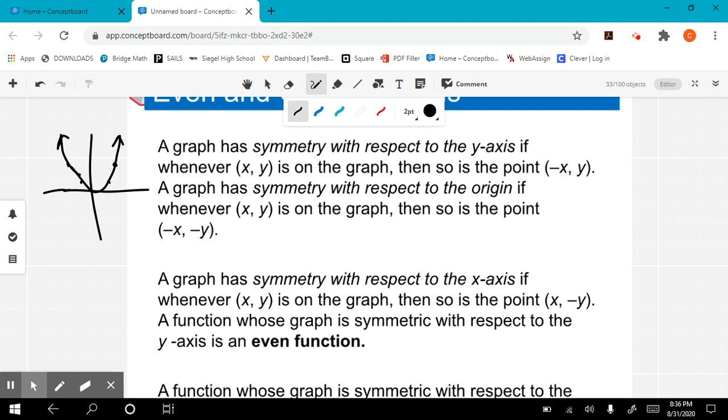So this is the point x, y. This is negative x, y. It's the same y coordinate, right? So if this was the point 2, 3, then this is the point negative 2, 3.